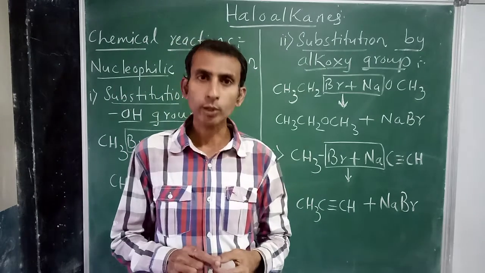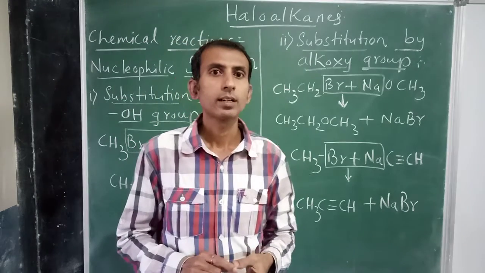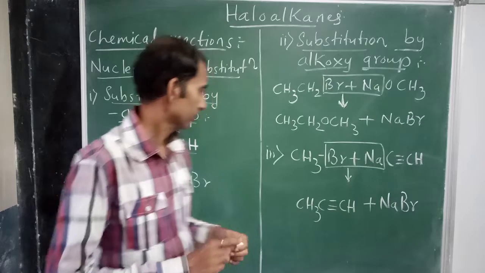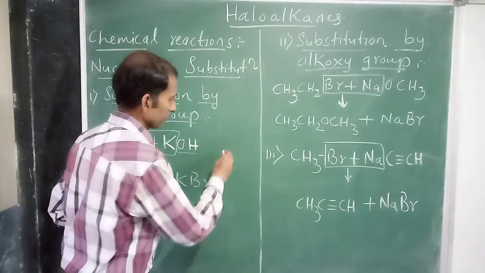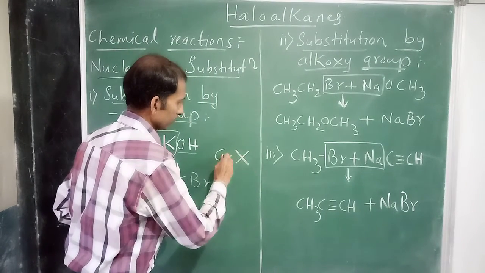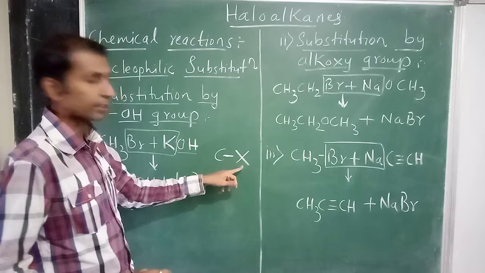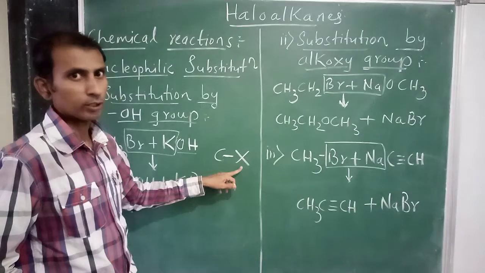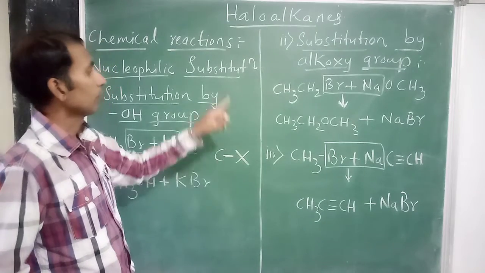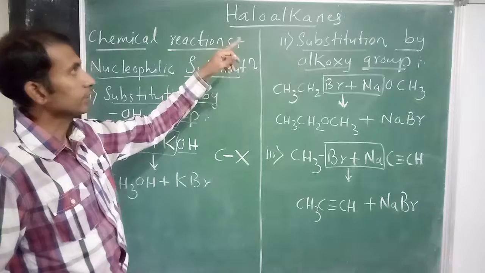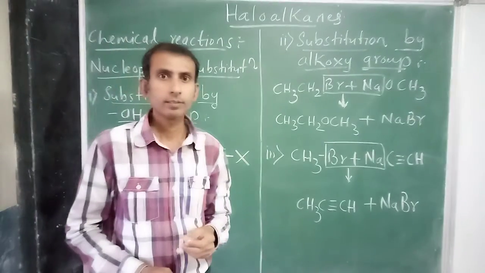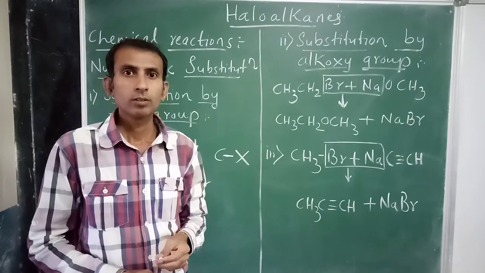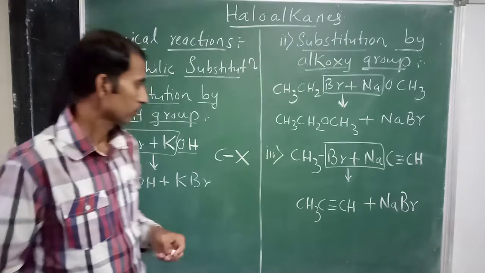One important concept here is that the CX bond, X meaning halogen, in haloalkanes is polar. Now why is it polar?